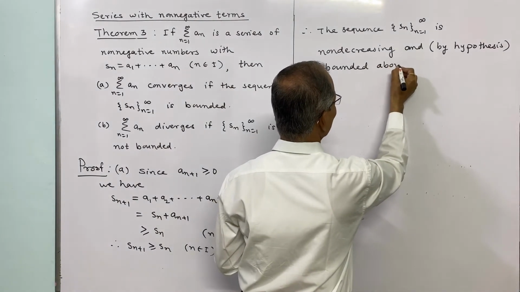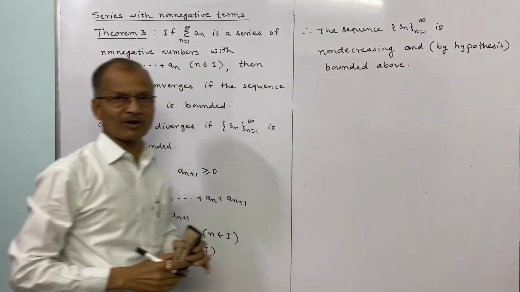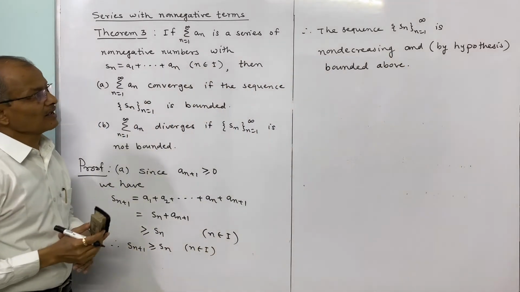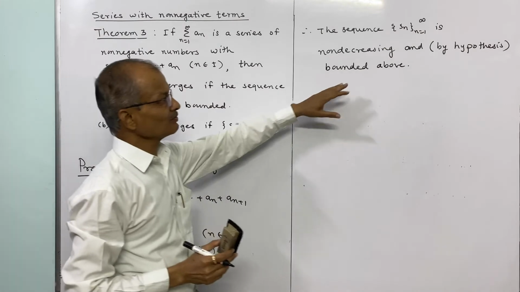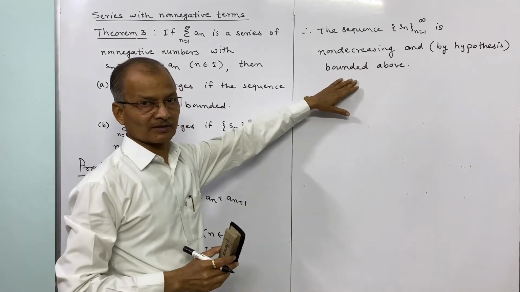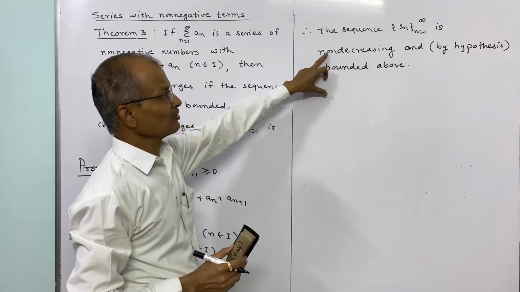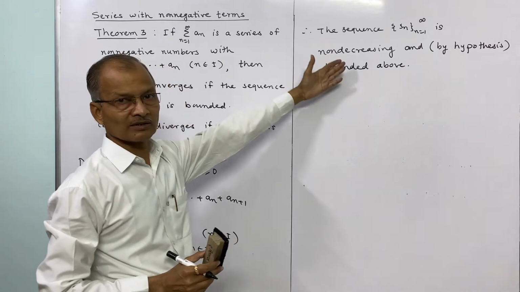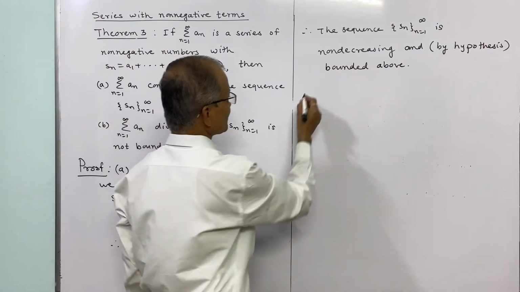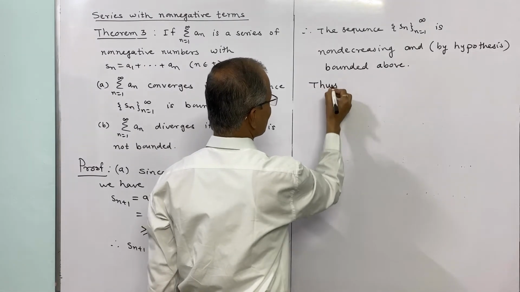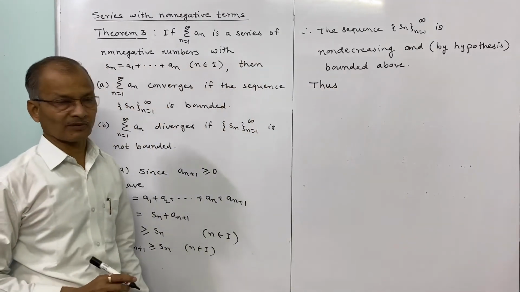So when will it be bounded? If it is bounded above. Thus Sn is a non-decreasing sequence which is bounded above, and we know that if Sn is a sequence which is non-decreasing and bounded above, then it is convergent. This is a theorem we have proved in the chapter on sequences.